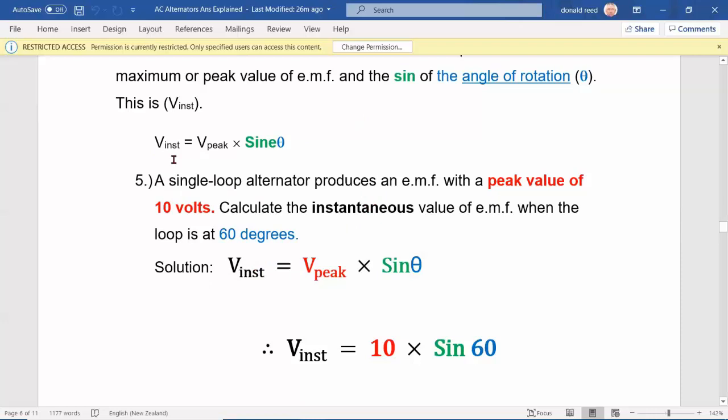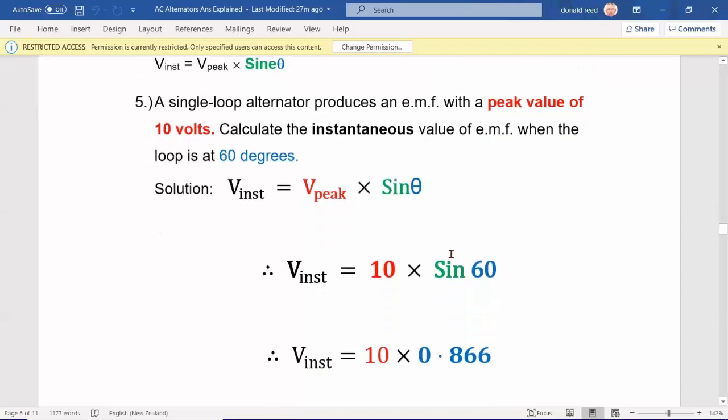We're using the formula: my peak value multiplied by the sine of the angle of rotation. So my instantaneous voltage is 10 because my peak value is 10, multiplied by the sine of 60 degrees.